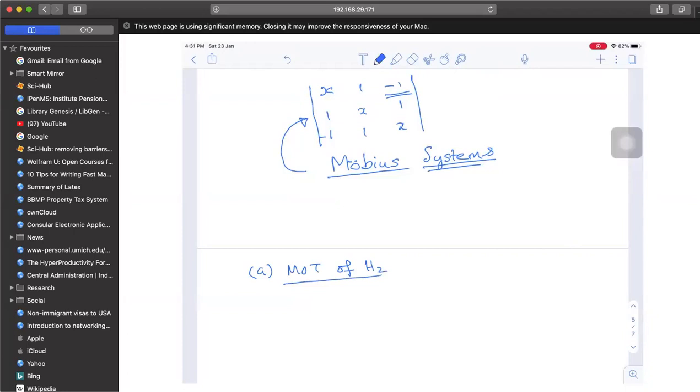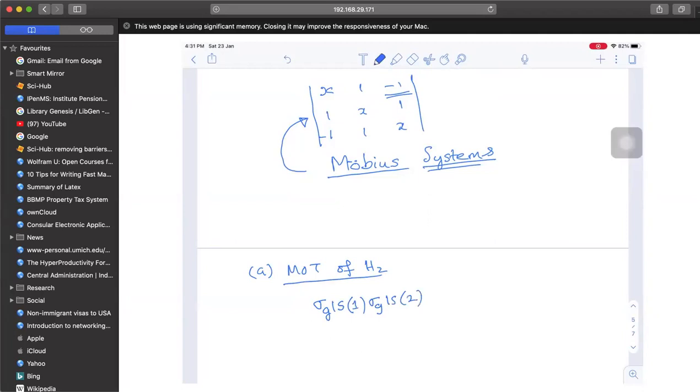So what does MO theory tell you? There are two electrons in sigma G1s. If you wanted a more explicit form, you will say sigma G1s, first electron is sitting there, sigma G1s, the second electron is sitting in the same molecular orbital.